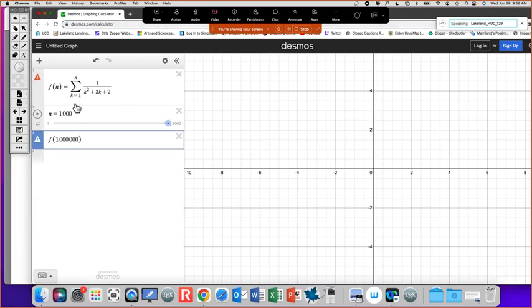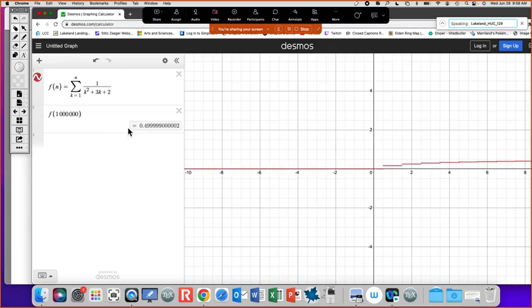Oh my goodness. Desmos didn't like that. Oh, there we go. So we can just start plugging in ridiculous numbers. Eventually, look what's going to happen. Sometimes it'll round to 0.5; it all depends on the floating point round-off error here.